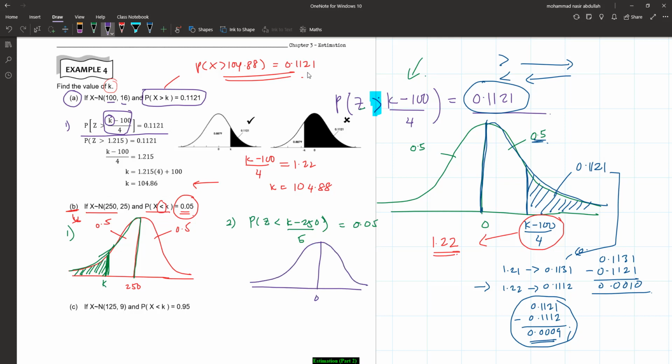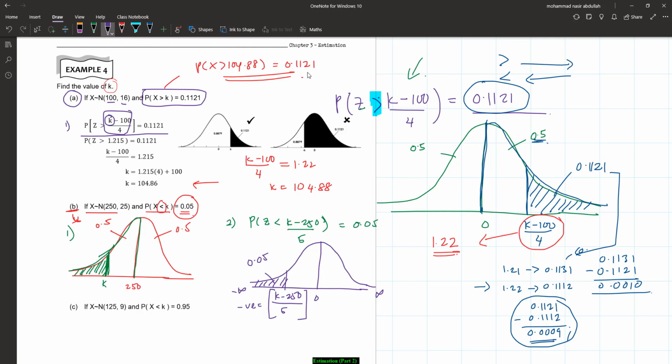So this is 0, and 0.05 is somewhere here. This is K minus 250 divided by 5. Right? So you need to remember for this value, K, they should get a negative value, because they stay on the negative side.